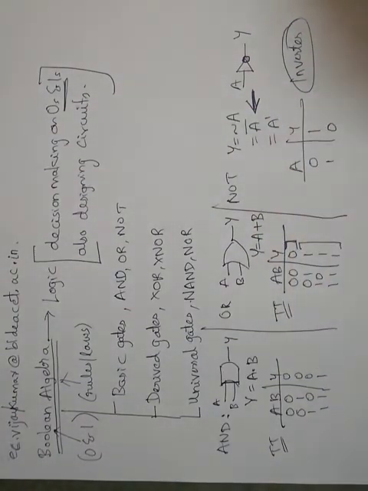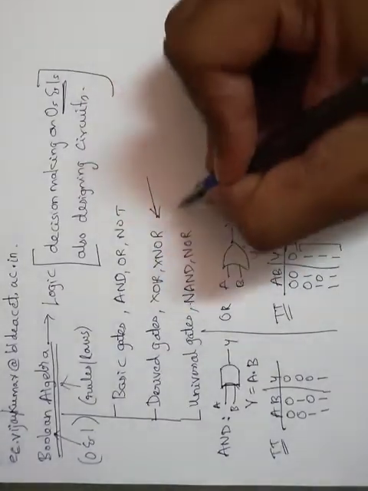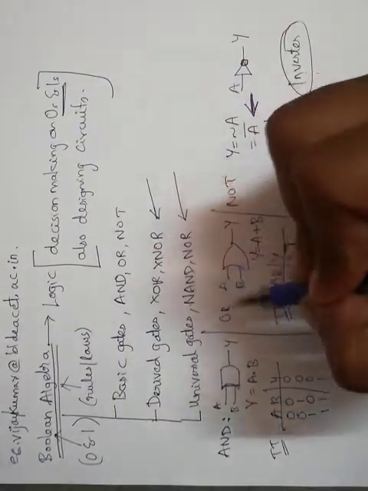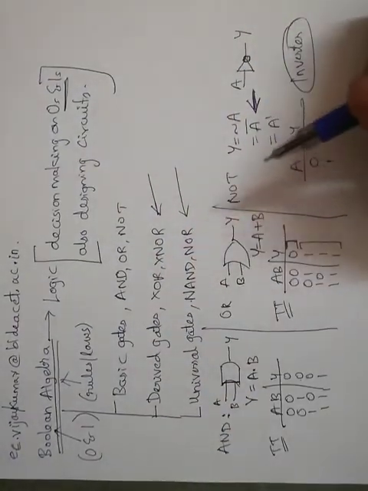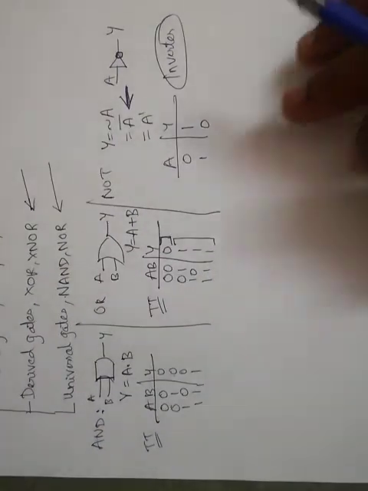So these are our basic gates. We call these basic gates because using these gates we are going to implement XOR, XNOR and NAND, NOR. Okay, we'll move on to the derived gates.